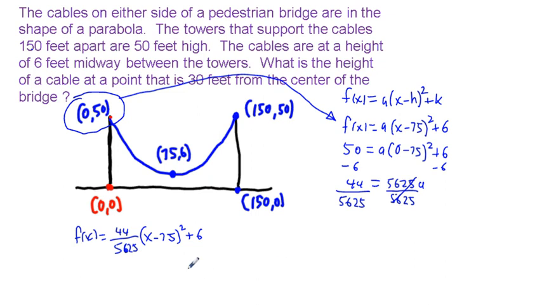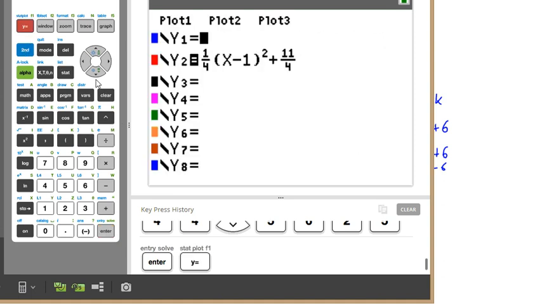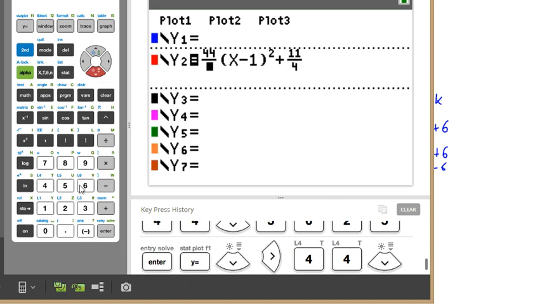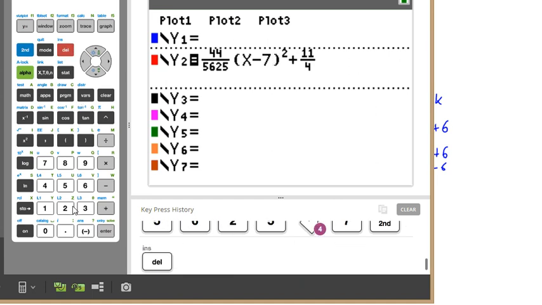So let's do that. 44 over 5625, and we have x minus 75 squared, plus 6. So we should get everything there.